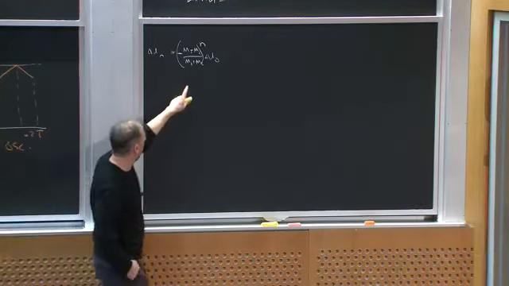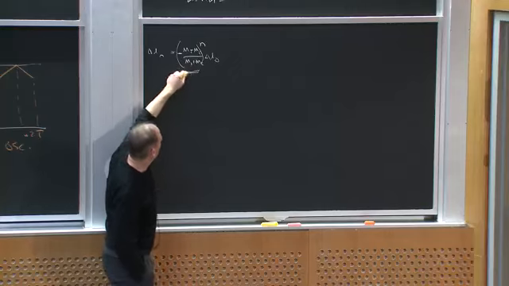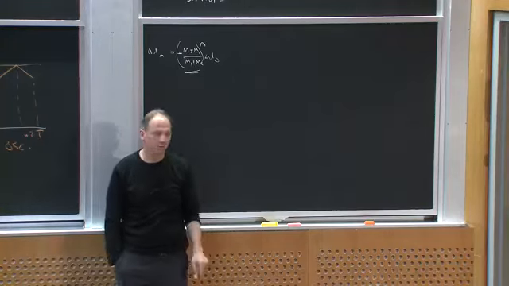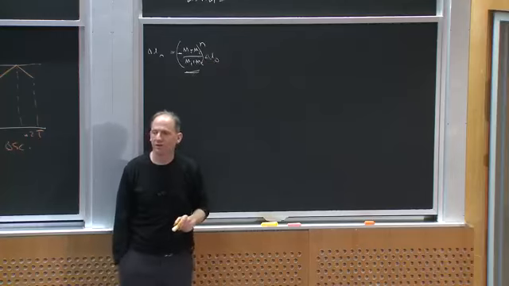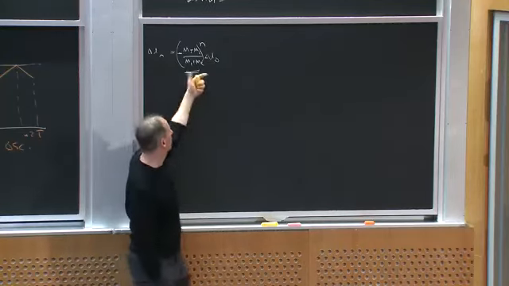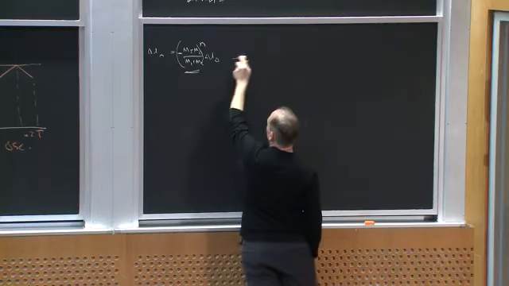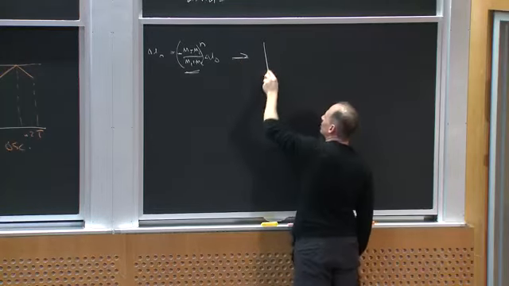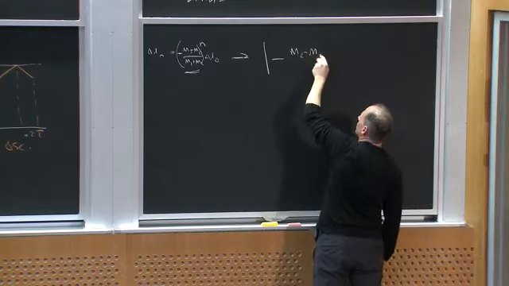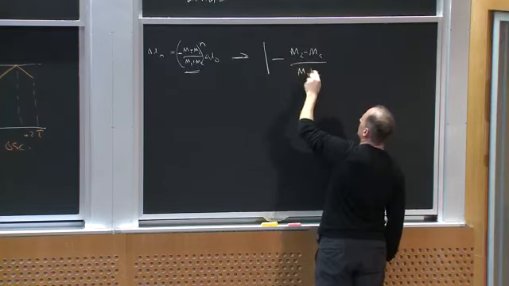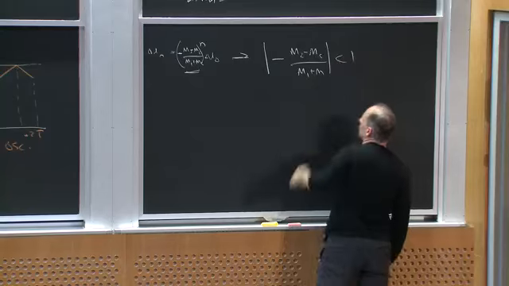So can anybody tell me what the condition on this factor is to make an initial error delta I naught go to 0? This suggests that I need the magnitude of minus M2 minus MC over M1 plus MC to be less than 1.